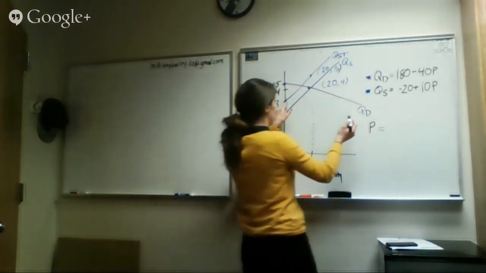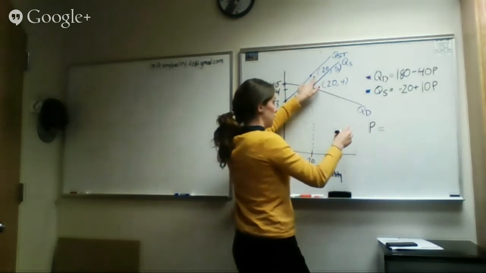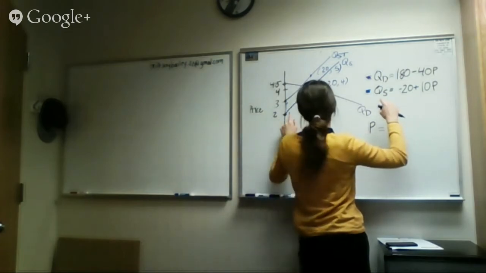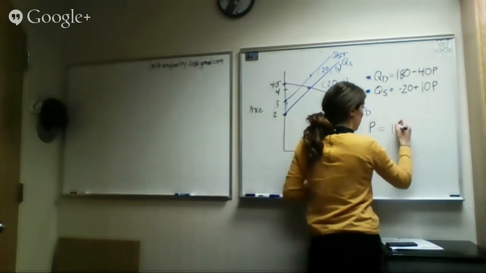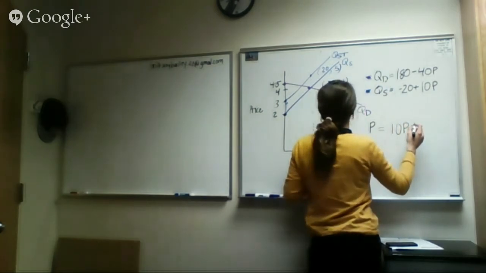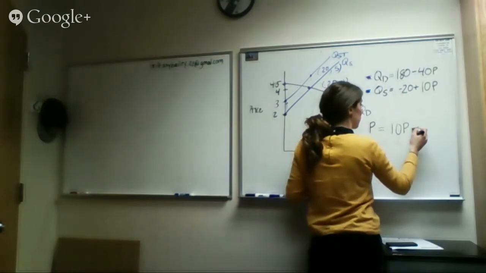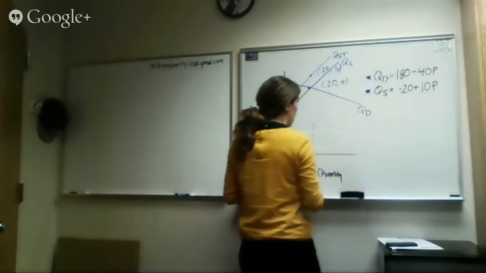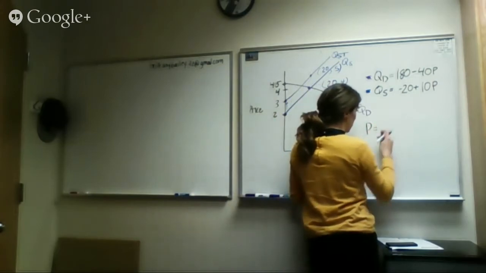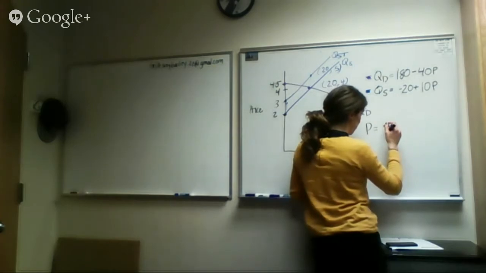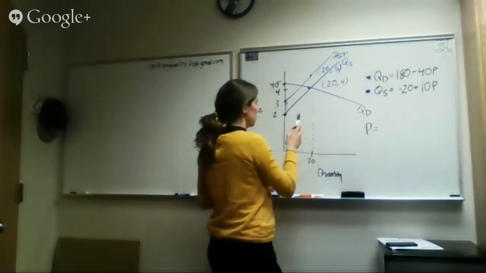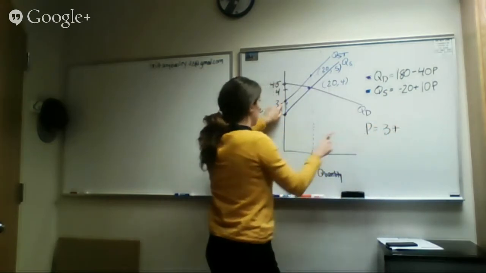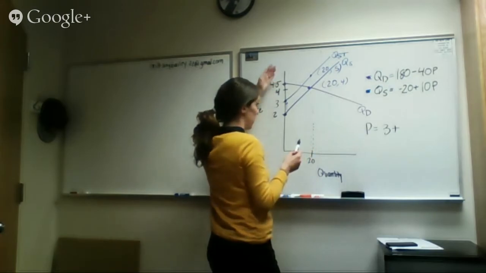So p equals 3, so that's my intercept, plus my rise over run, right?